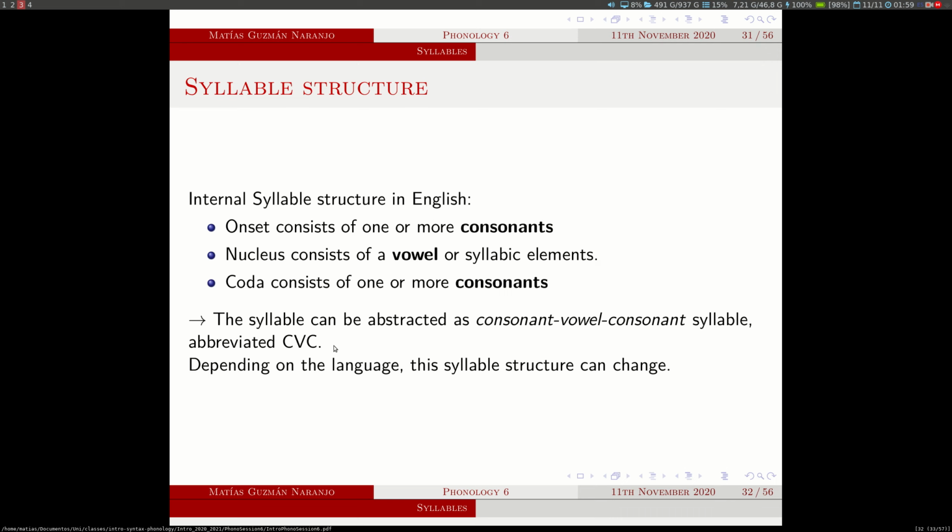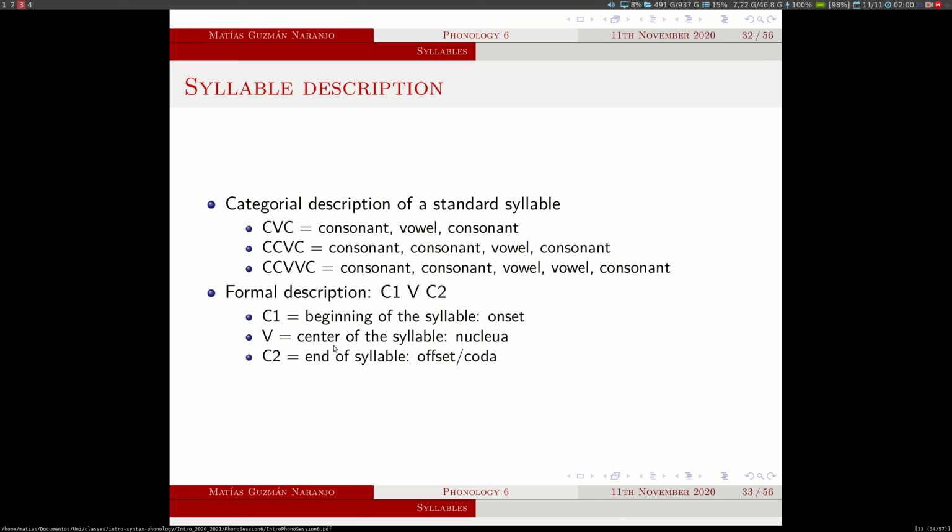Probably not the most, but it can get extremely complex in words like strengths, which has a lot of segments, and it's 1 single syllable. So we can describe syllables like this. That's how many consonants there are, and we can give a formal description in this way, being explicit about the position of each element.